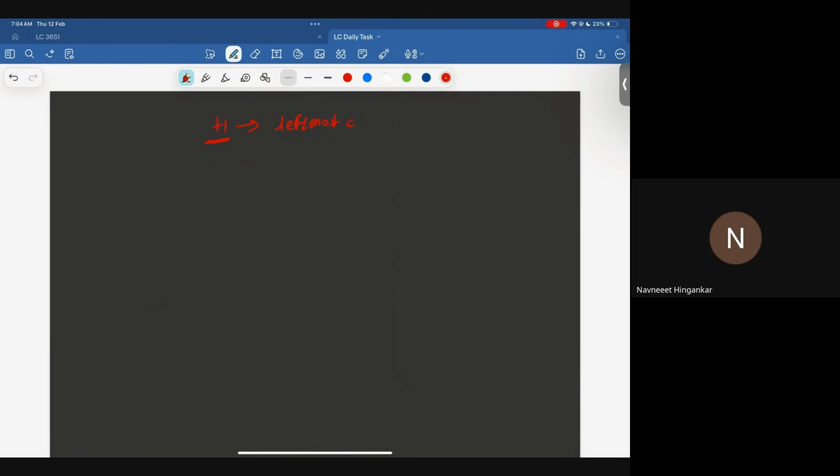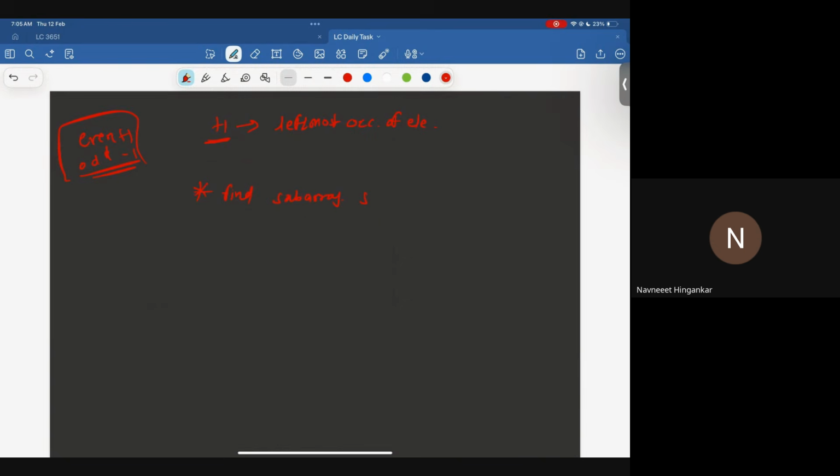Leftmost occurrence of the element: when it is even it was +1, and for odd it was -1. So my task now became something like this. I need to find a subarray starting from, like, what I did was two nested for loops, right? Like start and end.